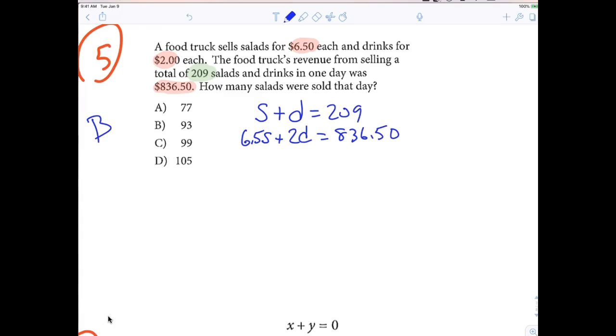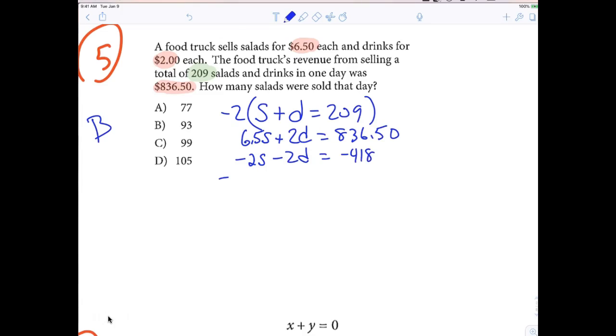Now, I want to know how many salads. So if I want to know how many salads, I have to eliminate the what? I have to eliminate the D, the drinks. Right? So I'm going to multiply the top equation by what? By negative 2. So that would be negative 2s minus 2d equals negative 418. Is everybody okay with that?